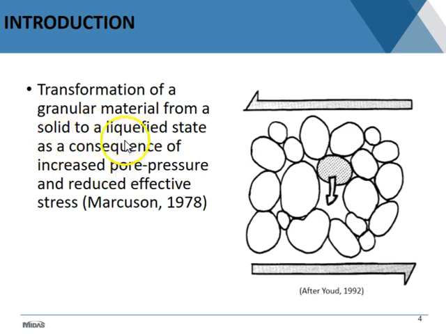And then because of the occurrence of liquefaction, there is a change of state from a solid material to a liquefied one as a consequence, of course, of the increment of pore pressures and the consequent reduction of effective stress during earthquakes or during some sort of event. In this case, it's earthquakes.